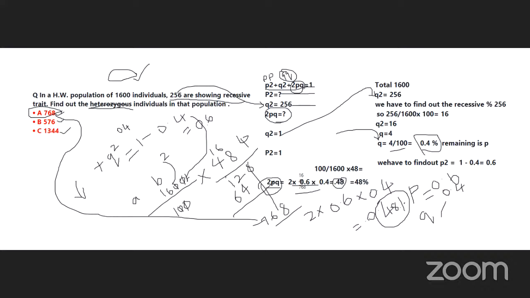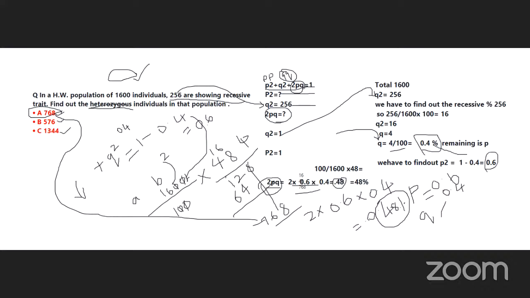Q squared is 16 percent, means Q is equal to 0.4. After getting 0.4, you find out the Q value, and Q value minus from 1, you will get the P value. 1 minus 0.4, you will get 0.6.